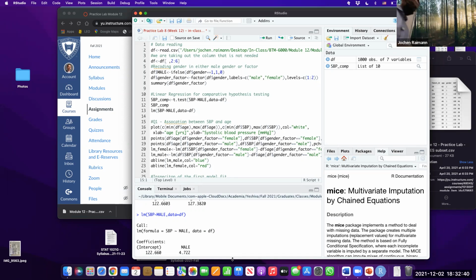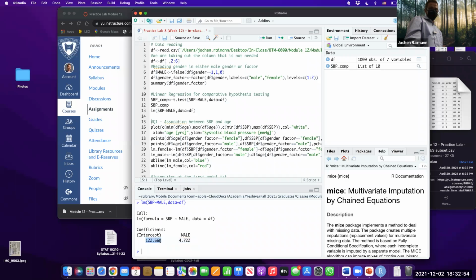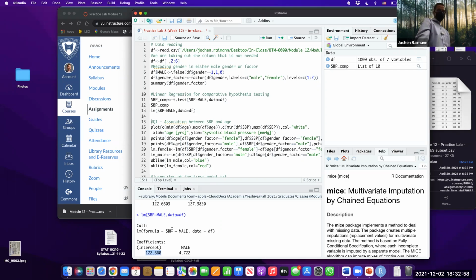When you look at the intercept, this is where x equals 0. So male equals 0 is a female, and this 122.660 is the intercept. This is where x equals 0. So for females, the intercept is 122.660.